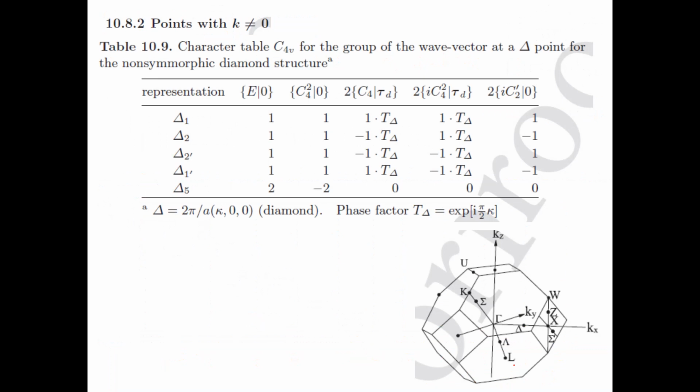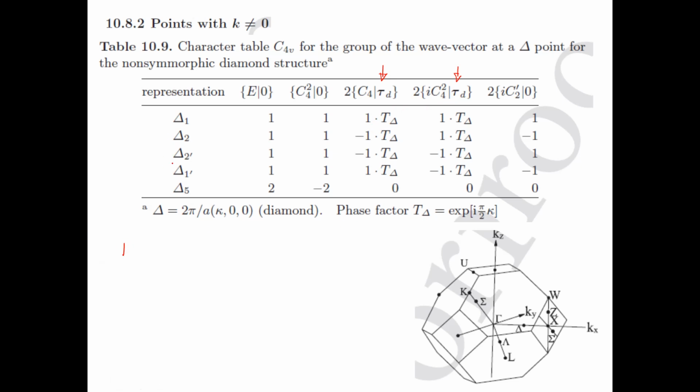Okay, so let's explore a little bit now, going away from gamma in a symmorphic group. I have briefly discussed this already today, but just let me go into that in more detail. What we have to do now, if you remember, is that whenever I have a translation tau d, I have to multiply the characters by the phase factor.